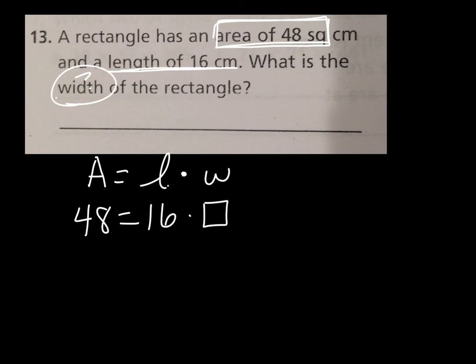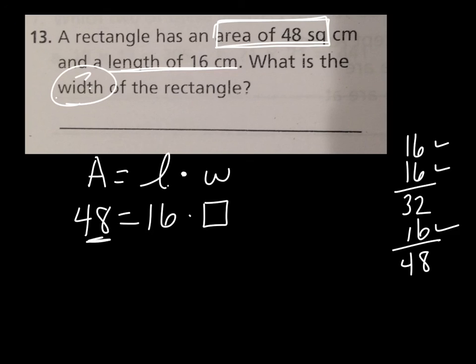And sometimes with this, if we can't remember how to do our double digits, we can just add, and we can say 16 plus 16 is 32. We're not at 48 yet, so I'm going to add another 16, and that gets us to 48. So there are 1, 2, 3 16s. So the width of the rectangle is 3 centimeters because there are 3 16s in 48.